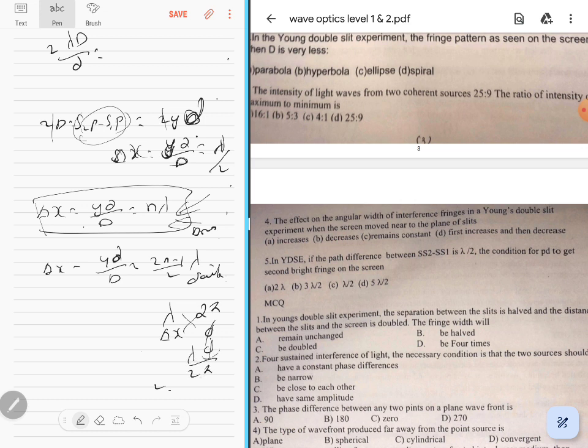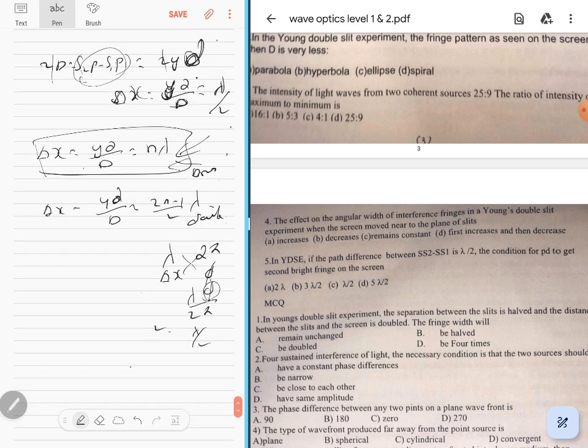And I continue to substitute phi to be 2n pi for maximas, correct? I continue to substitute 2n pi in the place of maximas, which means I've taken lambda to be the path difference, but here it happens to be lambda by 2.